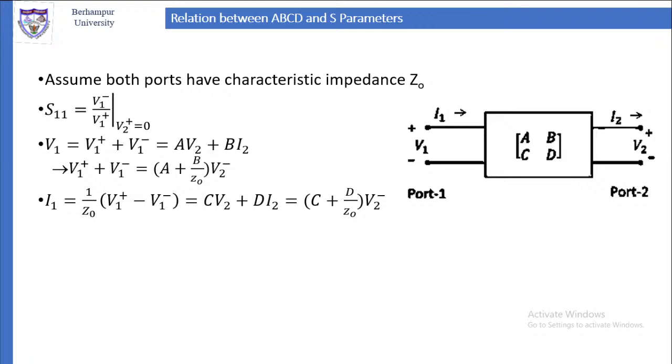If I take V2 minus common in this, then we will get this is equal to C plus D by Z0 times V2 minus. Now V2 is equal to V2 plus plus V2 minus by appropriate choice of the reference point, and minus I2 is equal to 1 by Z0 into V2 plus minus V2 minus.